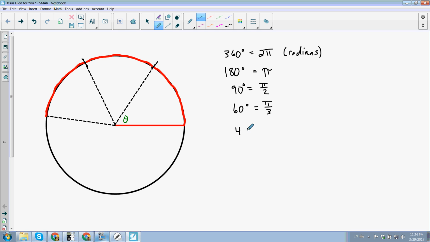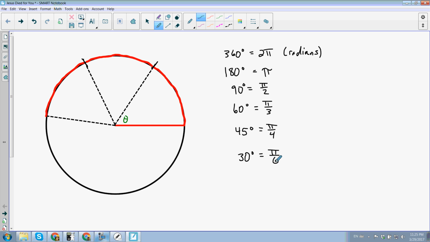And 45 degrees is a fourth of 180, or half of 90. Half of a half is a fourth, so 45 degrees would be pi fourths radians. And finally, 30 degrees is 1/6 of 180 degrees, so that would be pi sixths radians.